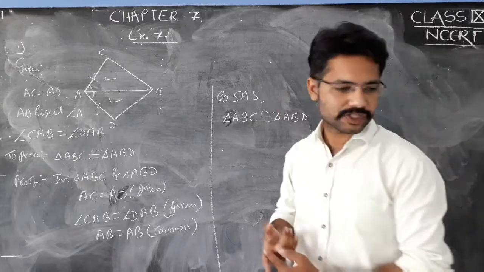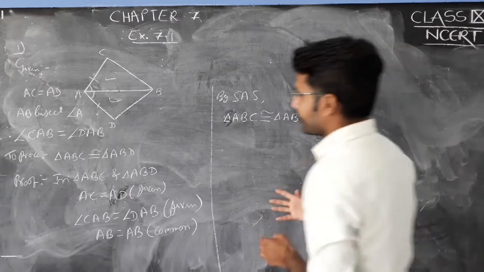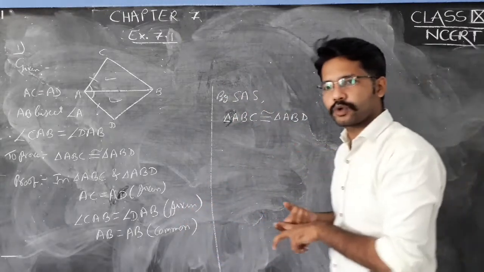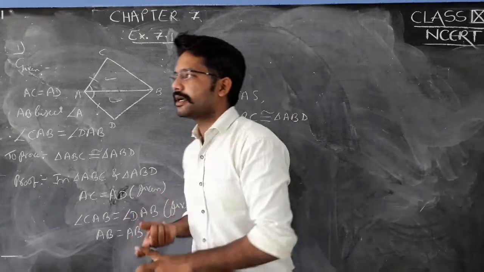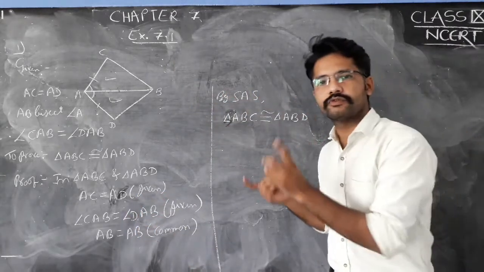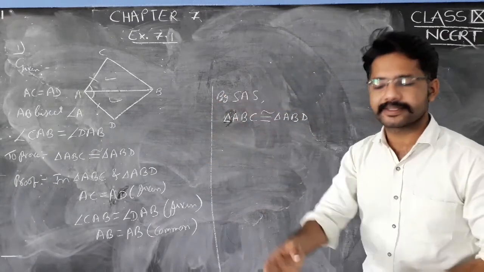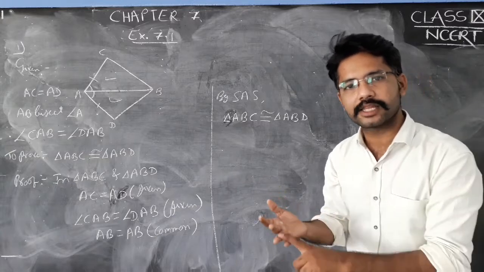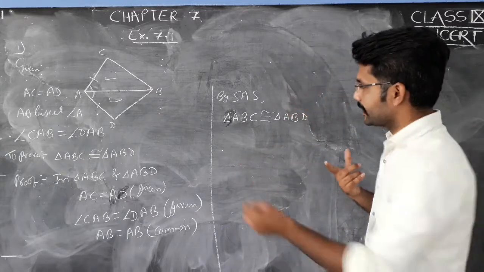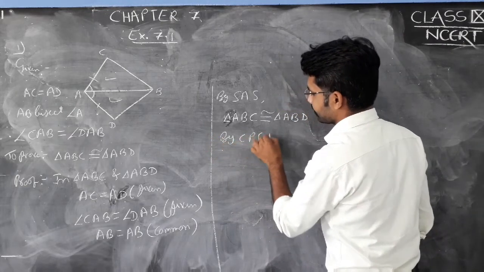The question they have asked in the last line is, what can you say about BC and BD? Okay, as I told you, if two triangles are congruent, all the six things of these two triangles would be equal, all three sides and all three angles will be equal. So they are asking about BC and BD. We'll take CPCT.